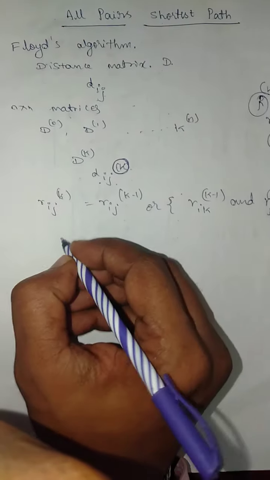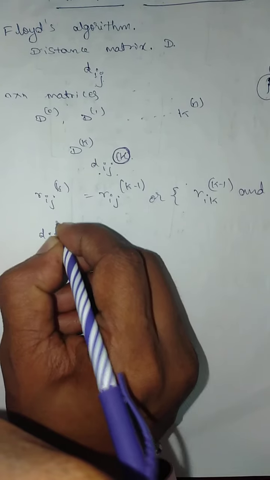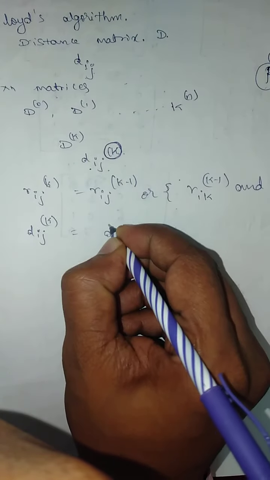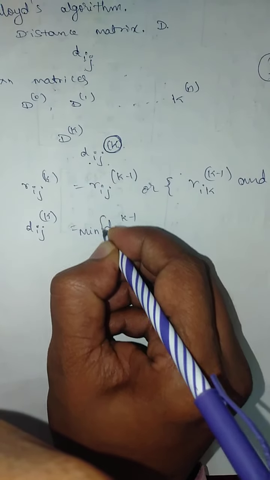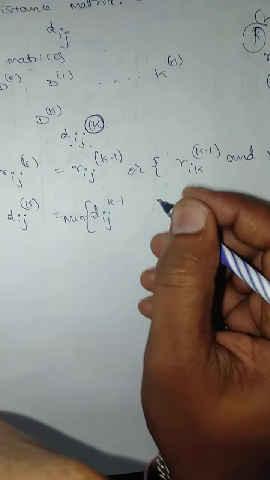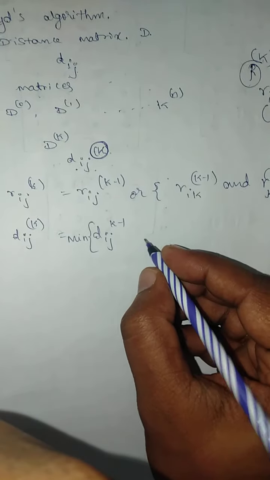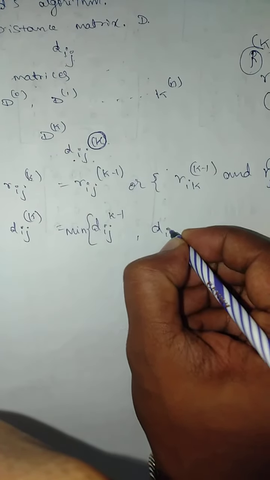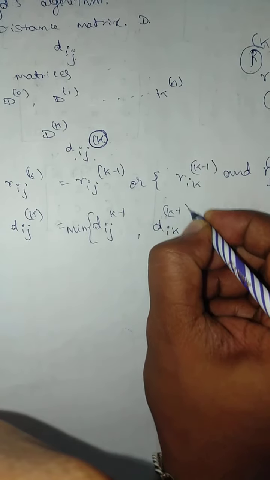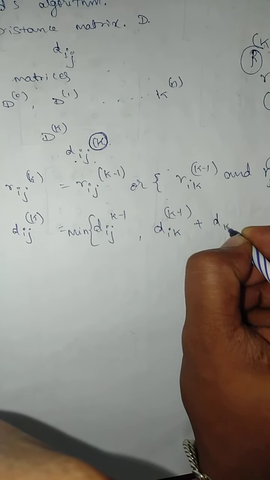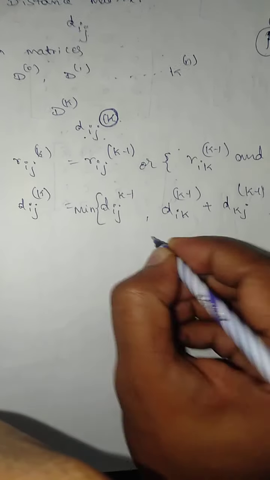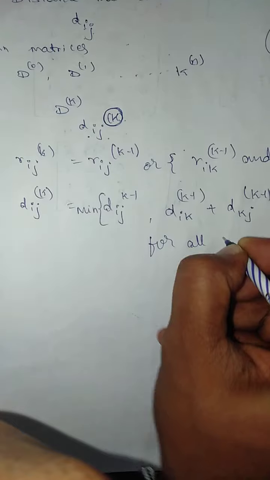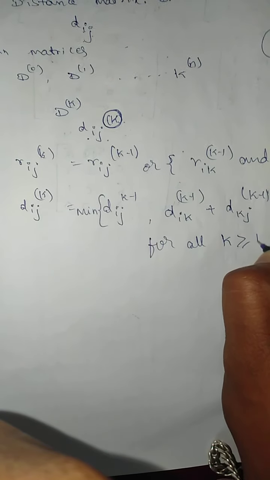Here the formula goes like this. Dij of k equals the minimum of Dij of k minus 1, comma, Dik of k minus 1 plus Dkj of k minus 1, for all k greater than or equal to 1.